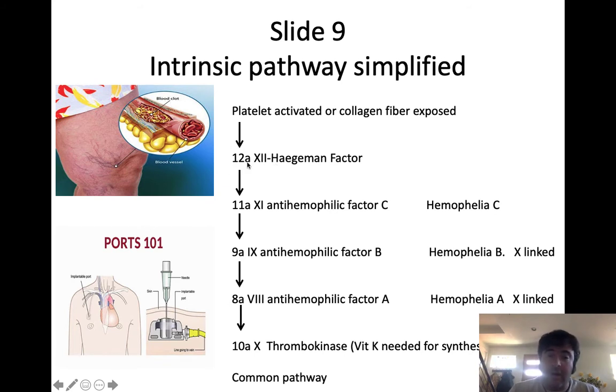So activated clotting factor 12 activates clotting factor 11. Clotting factor 11 is called antihemophilic factor C. Any mutation to the gene that produces clotting factor 11 leads to what's called hemophilia C. Hemophilia C is a relatively rare disease.